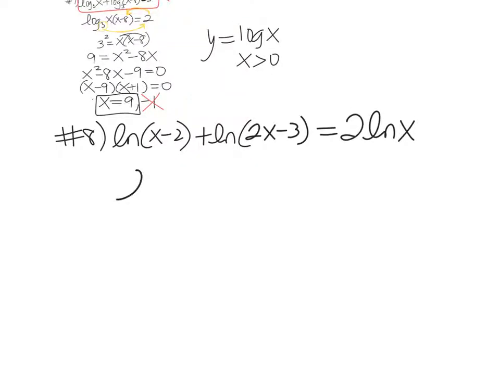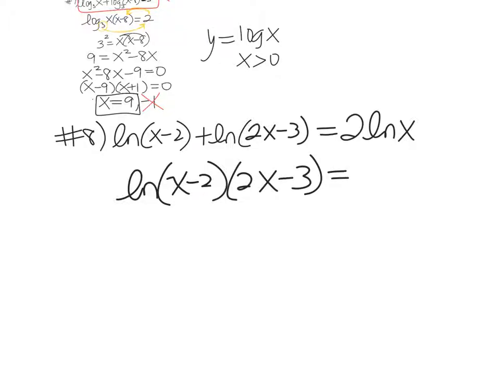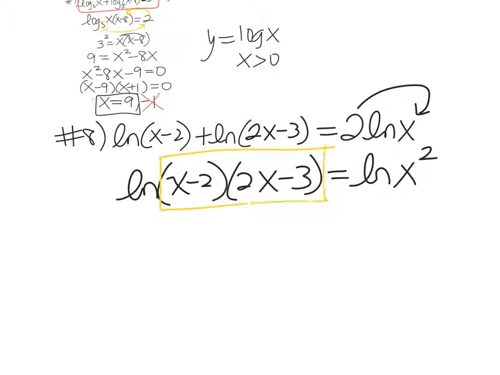So this would be the natural log of x minus 2 times 2x minus 3. Okay? And this one over here is the natural log of x. We're going to take that 2 and move it that way this time. So we get the natural log of x squared. Okay, remember stuffs equals stuffs? Same thing here. We have the natural log of this stuff equals the natural log of that stuff. So those have to be equal to each other.